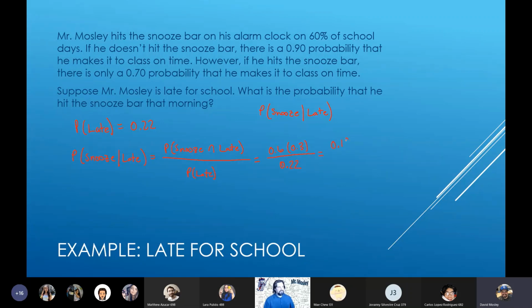So we get the 0.18 divided by 0.22, and that gives us an answer, which my calculator will tell me, 0.81818181. So we could say approximately 82%. There we have it.